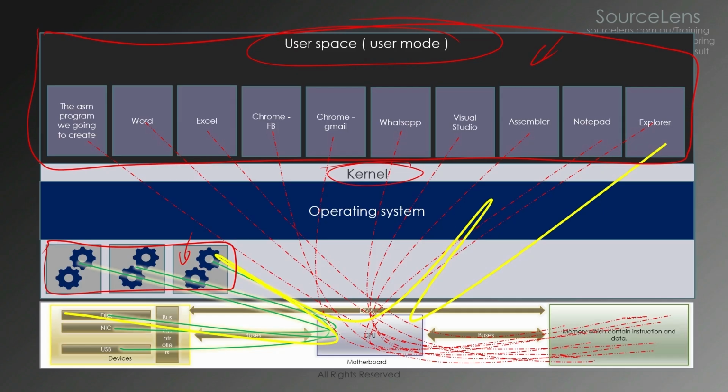You didn't explain the green line. Okay, sorry about that. You reminded me correctly. The green line is nothing but how the device drivers access the devices. What I wanted to show is that the operating system is not coming into the picture. The device driver is directly going to the CPU and accessing the devices here.